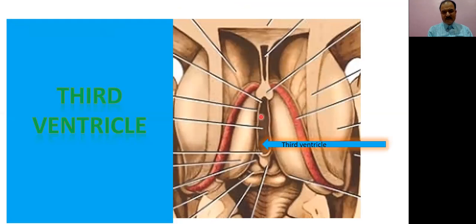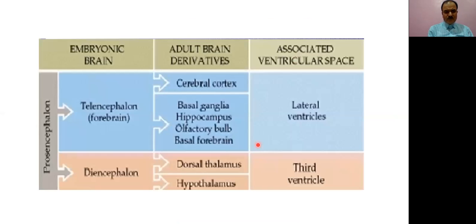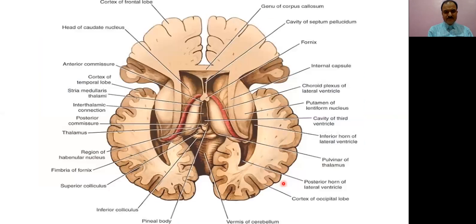Then we have the third ventricle. To understand the boundaries of the third ventricle, you should know the diencephalon. As you know, we have the prosencephalon, which comprises the telencephalon and diencephalon. The cavity of the telencephalon is the lateral ventricle, whereas the cavity of the diencephalon is the third ventricle.